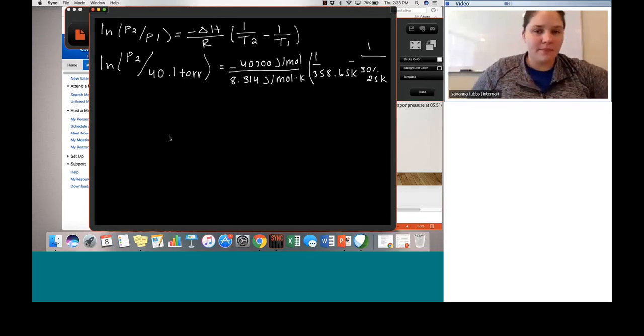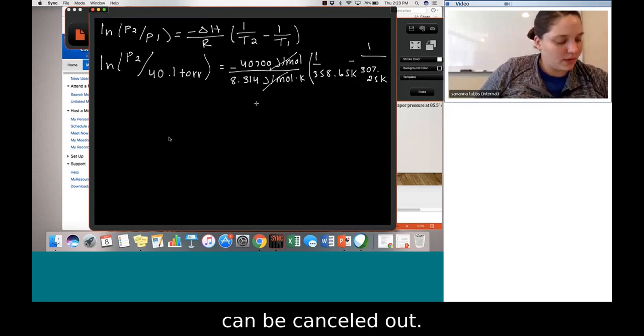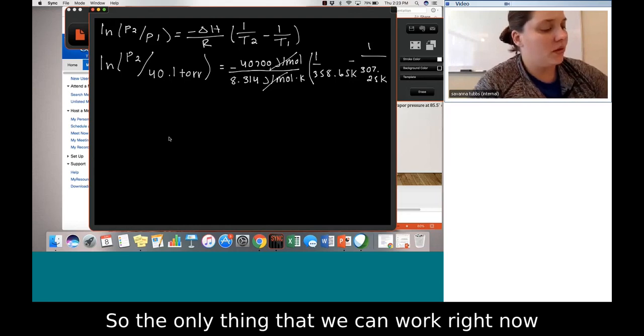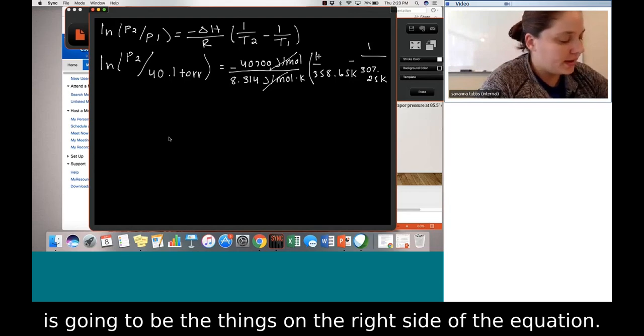Automatically we know our joules per mole can be canceled out, and so far nothing else can be. So the only thing that we can work on right now is the right side of the equation.